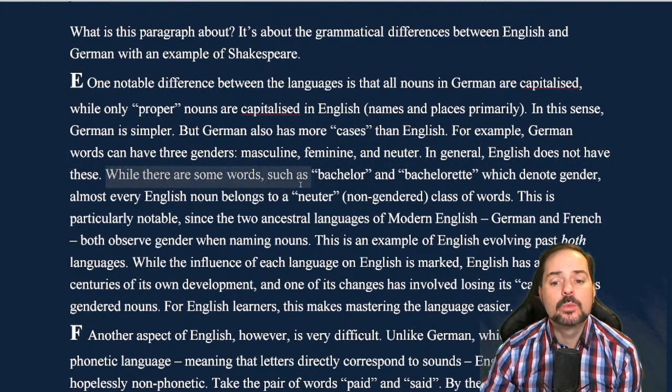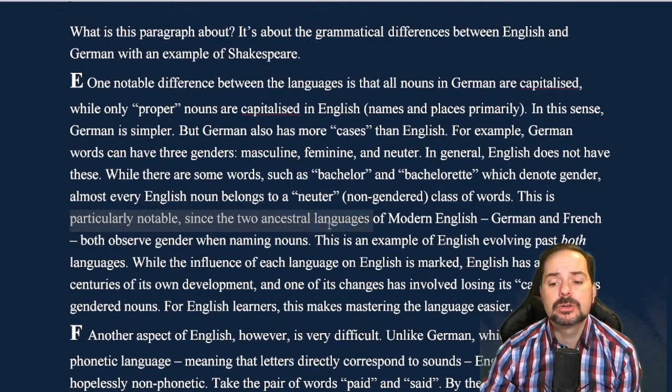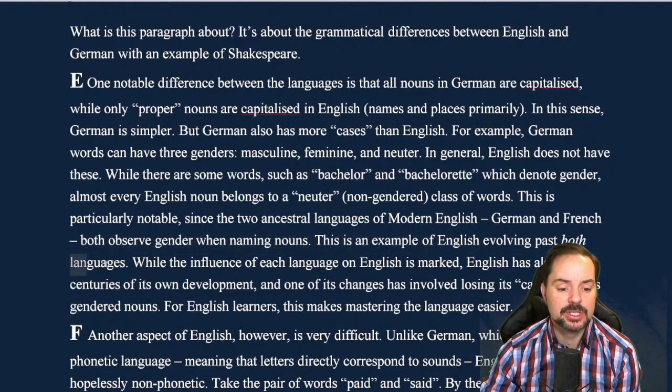While there are some words such as bachelor and bachelorette which denote gender, almost every English noun belongs to neuter, non-gendered class of words. This is particularly notable since the 2 ancestral languages of modern English, German and French, both observe gender when naming nouns. This is an example of English evolving past both languages.